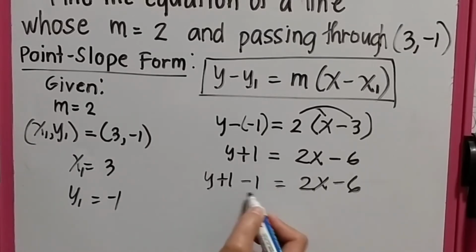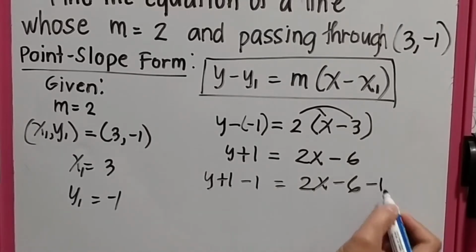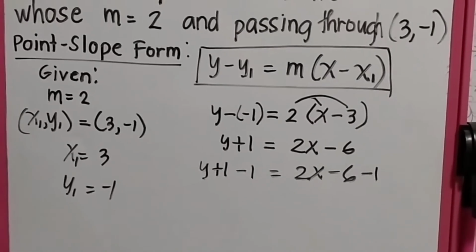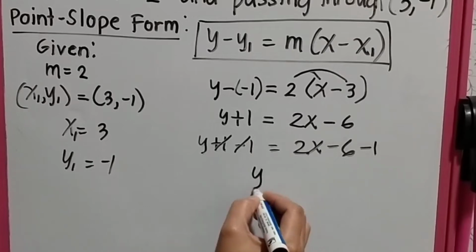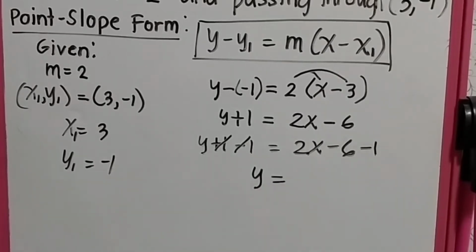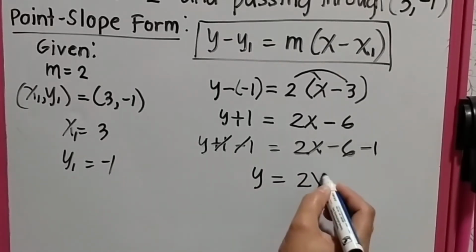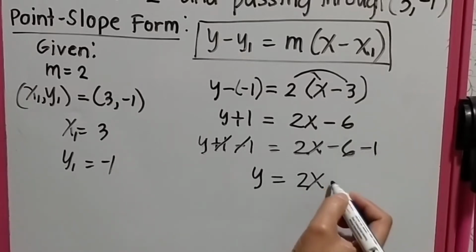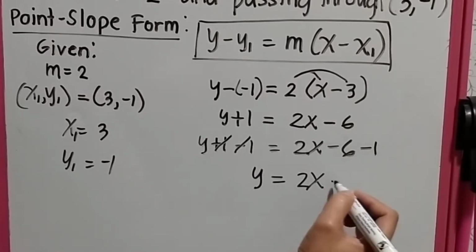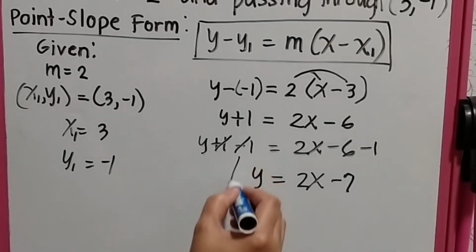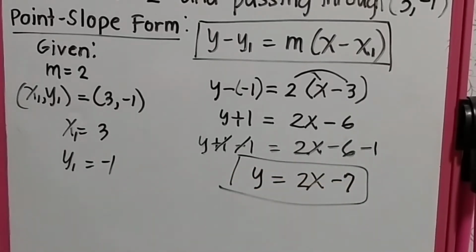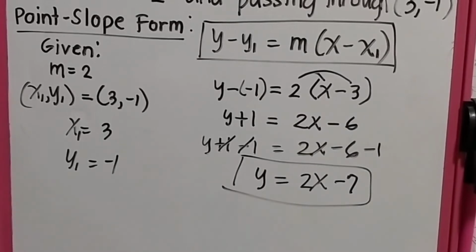Siyempre, nag-add ka ng negative 1 sa kaliwa, magdadagdag ka rin ng negative 1 sa kanan. And finally, 1 and negative 1, 0 na siya. Sa kaliwa, y na lang. Sa kanan, we have 2x. Now, negative 6 minus 1, or negative 6 and negative 1, you will combine, that is negative 7. So, we already have the equation of a line written in slope-intercept form.